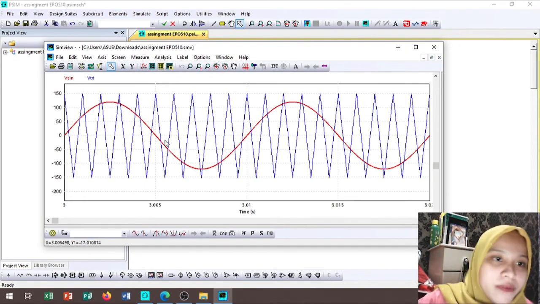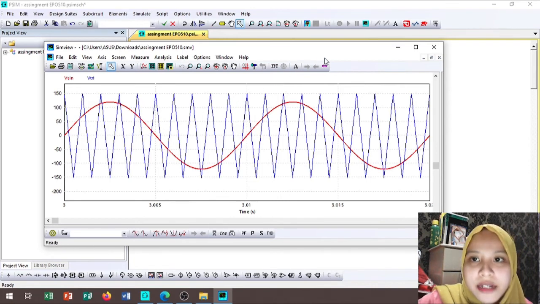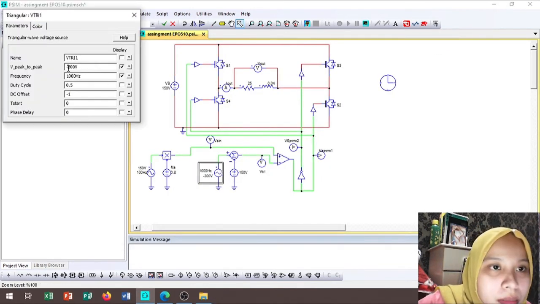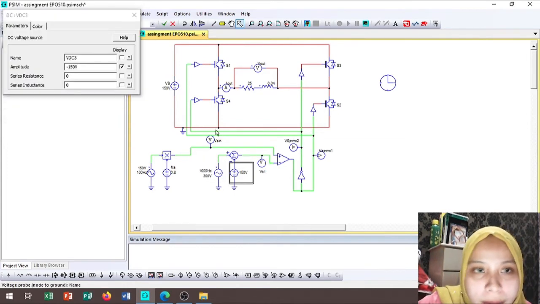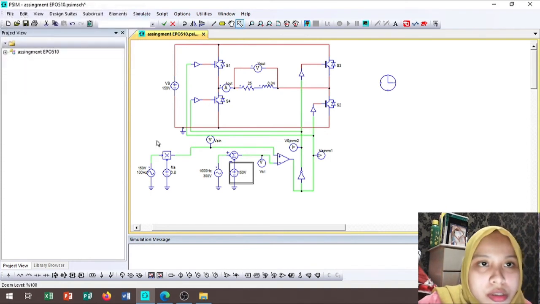The difference between the positive and negative is that the carrier signal is inverted. So this is the difference for the negative cycle. Okay, I change back to the original.